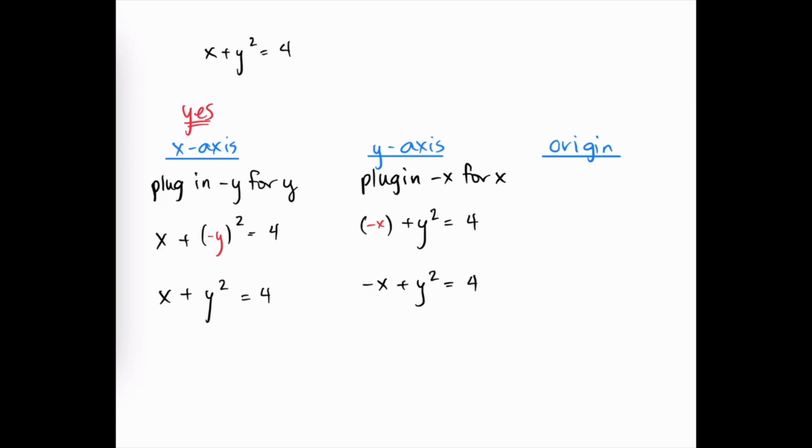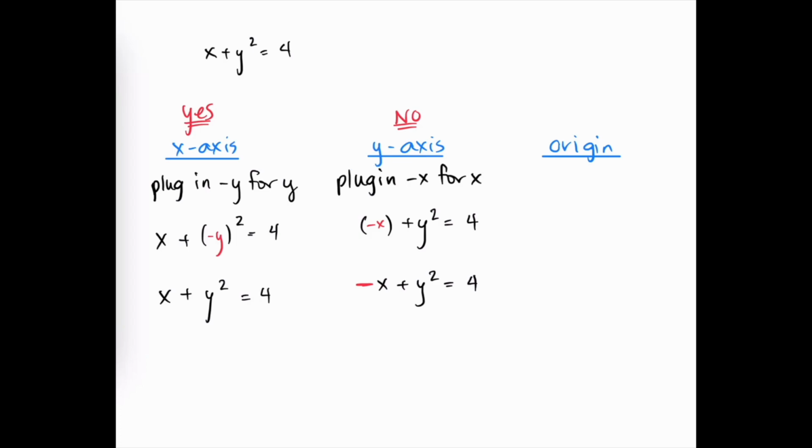And now when we compare this back to the original, we see that we're not going to have the same ordered pair solutions. The left-hand side of this equation now has a negative x, and this is the only term that changed in the entire equation. So this is not going to end up being symmetrical over the y-axis.